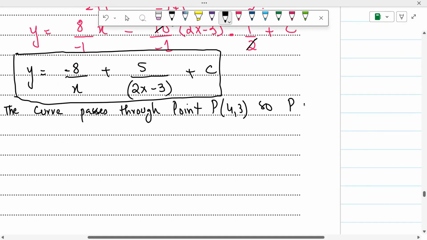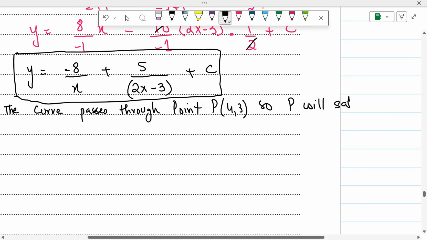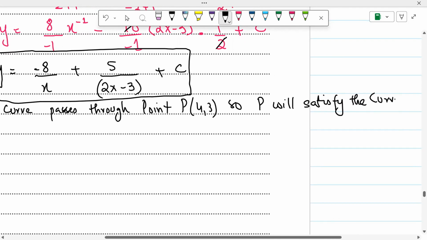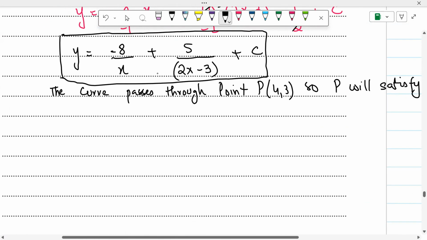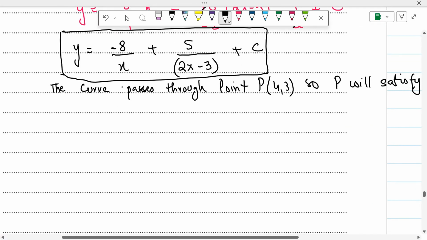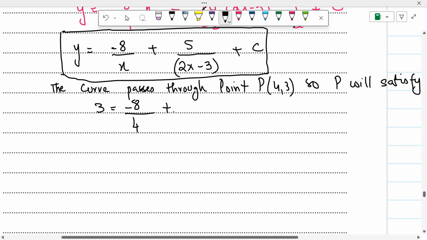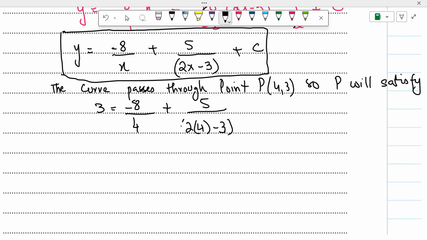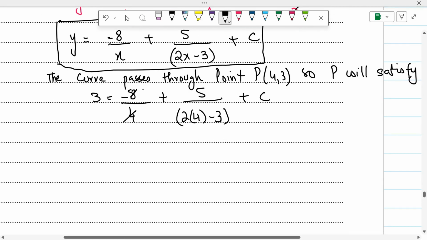So point P will satisfy the curve equation. So we can plug this value of P in this equation to find the value of c. So y is 3. So 3 is equal to negative 8 over x, meaning 4, plus 5 over (2x, meaning 2 times 4 minus 3), plus c. So this one is equal to negative 2.